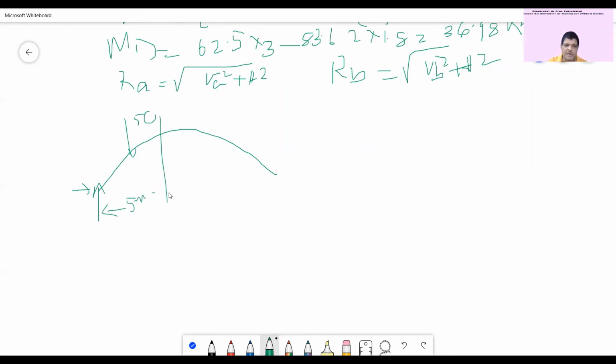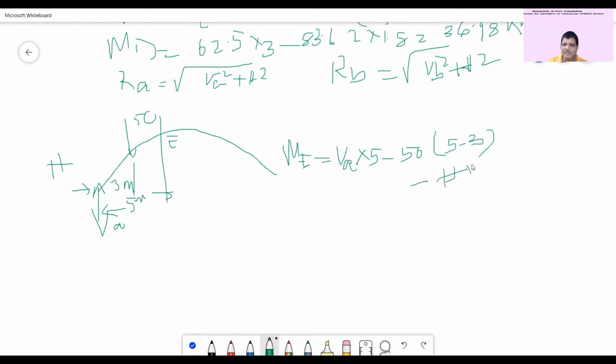This is 3 meter, this is VA, this is H. Suppose this point is E. So the moment at E will be equal to VA into 5 minus 50 into (5 minus 3) minus H into y5.